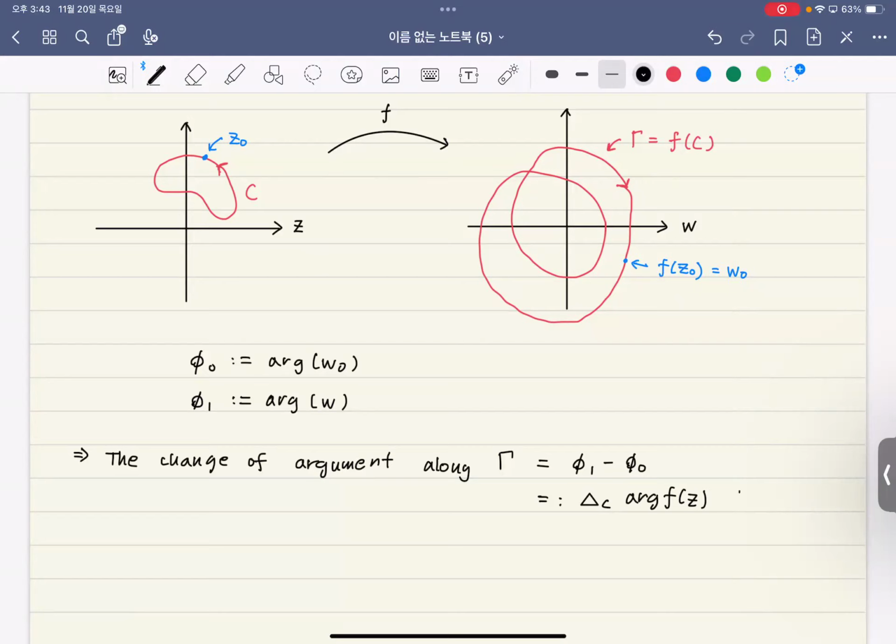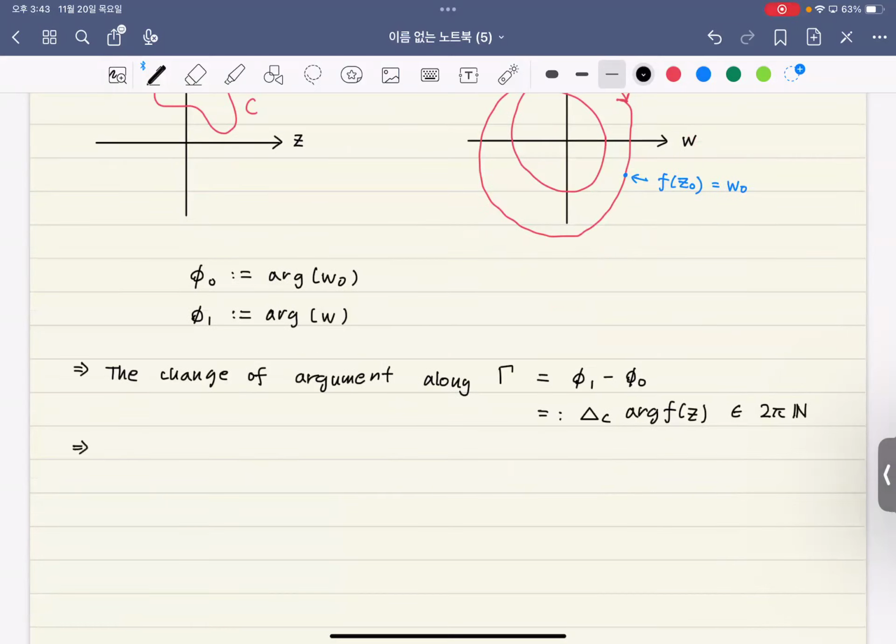And this is, as I explained, always 2 pi times an integer. So the winding number of gamma is 1 over 2 pi times this change of the argument.